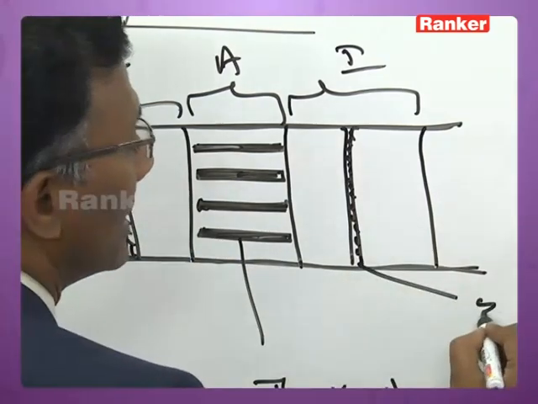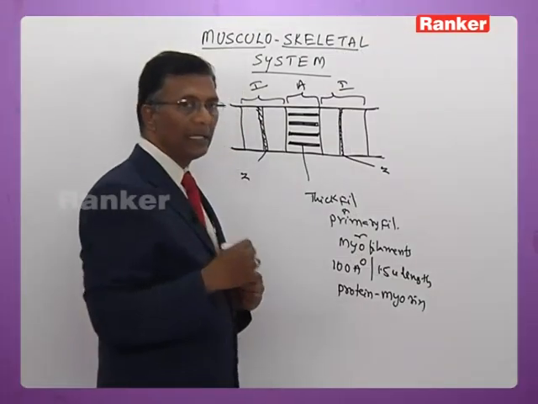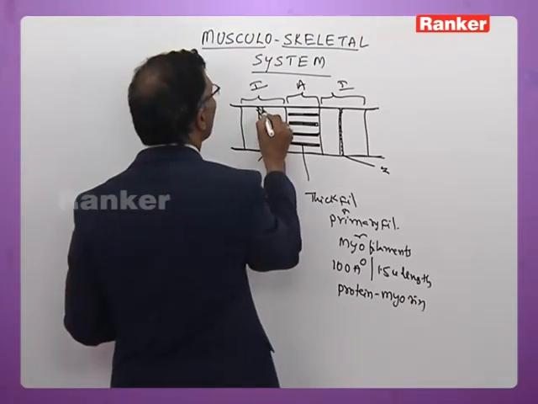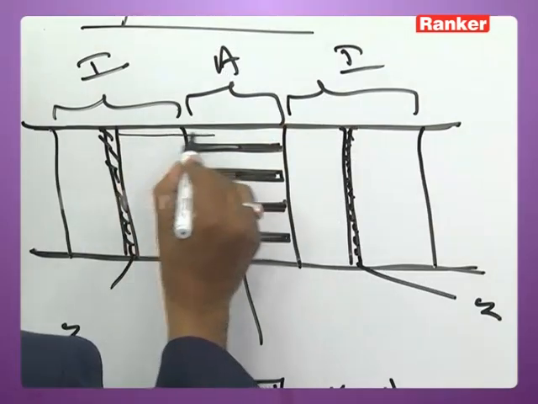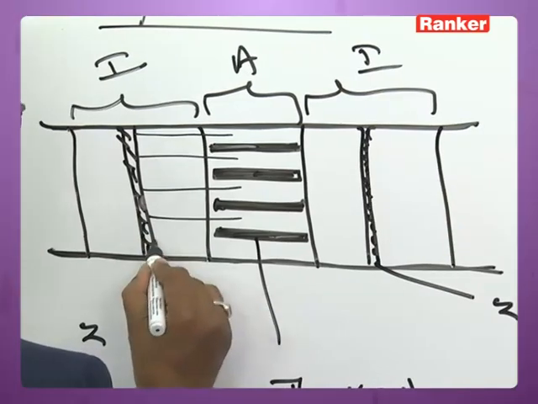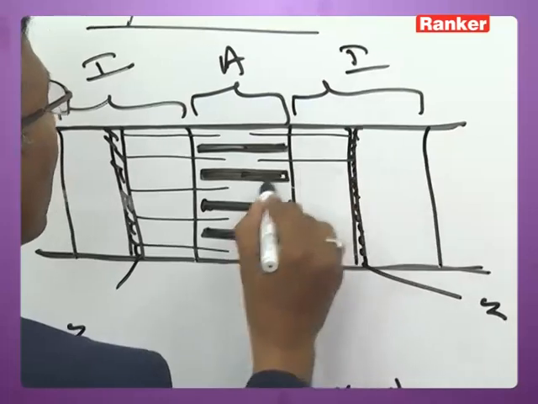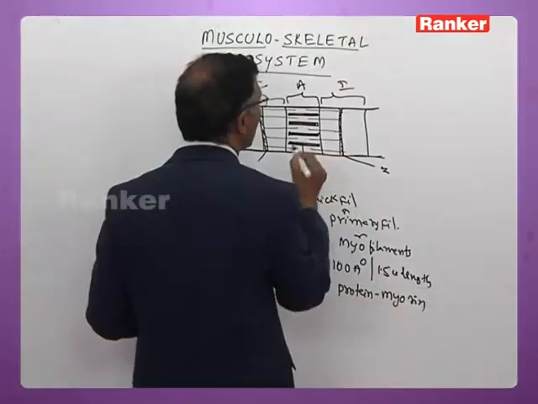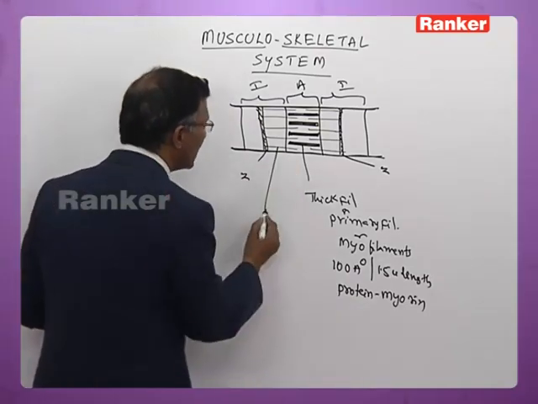This is Z line, this is another Z line. Now this Z line in turn gives rise to thin filaments. These are the thin filaments that arise from Z line at one end, and at the other end they extend into the A band. Like this, you have thin filaments arising from the Z line and extending into the A band. Now I shall label these, students.